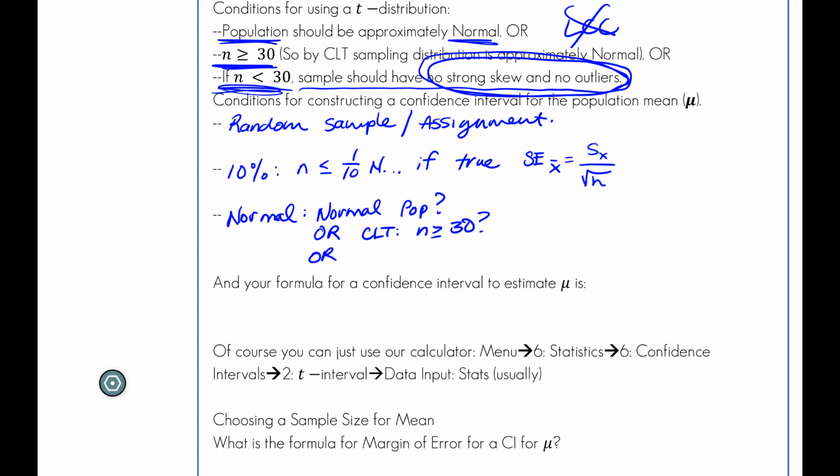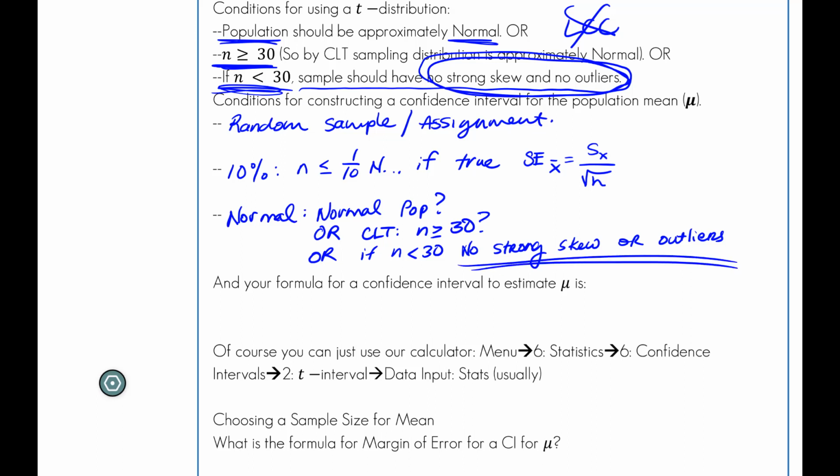And if finally neither of those two things are satisfied, if we have a sample that is less than 30, but there is no strong skew or outliers present, then that means we can go ahead and use the t distribution and we can calculate our confidence intervals. This is from our sample data, which means you will have to graph it if you are not shown this information.